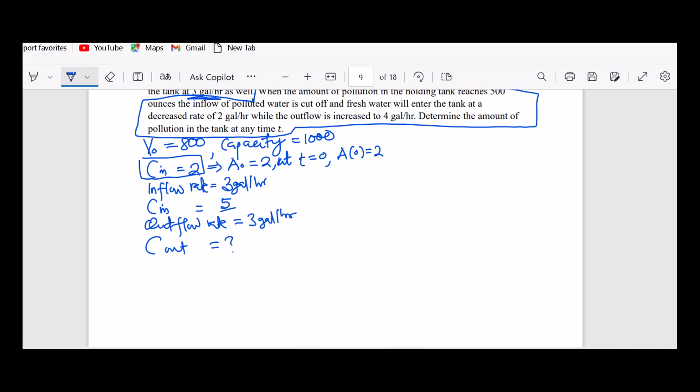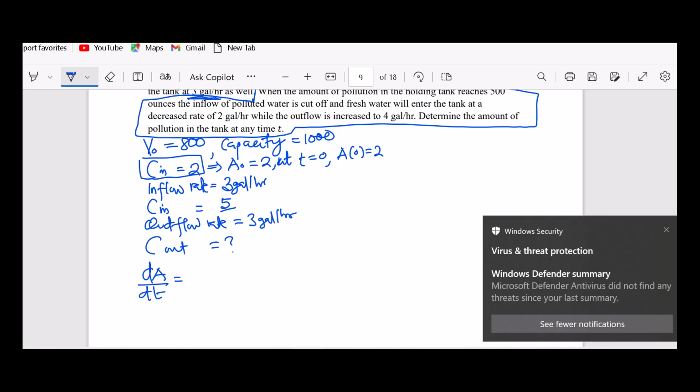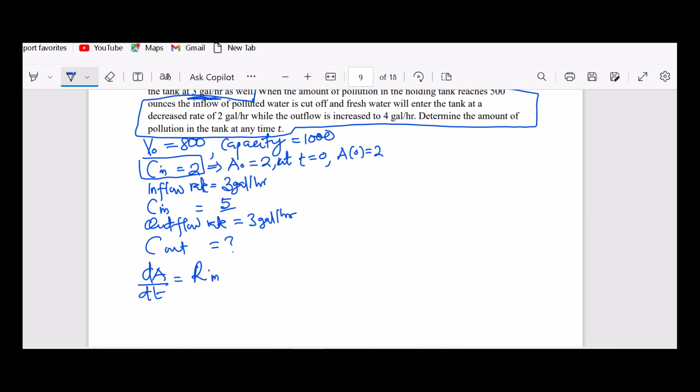We know that the differential equation modeling a mixing problem is given by dA/dt equals rate in minus rate out.